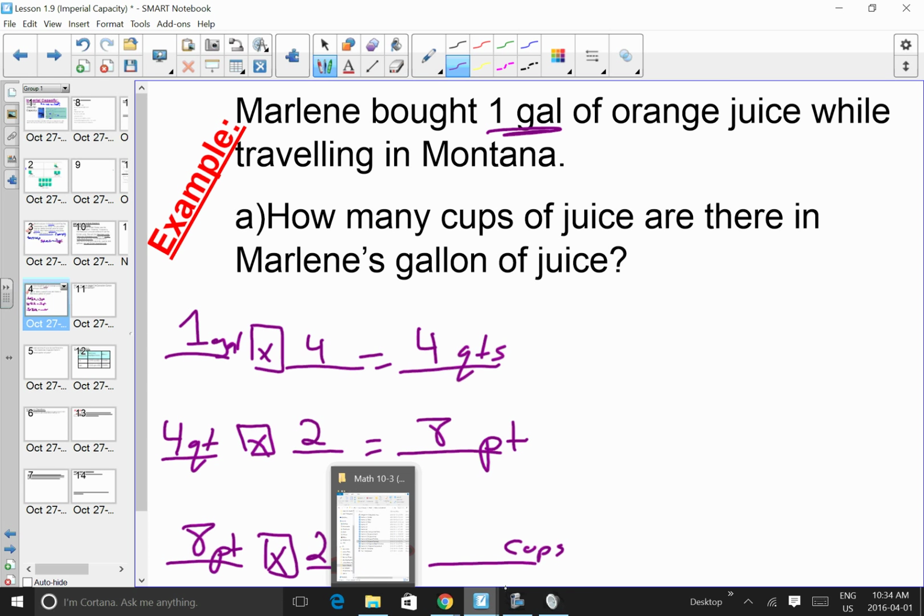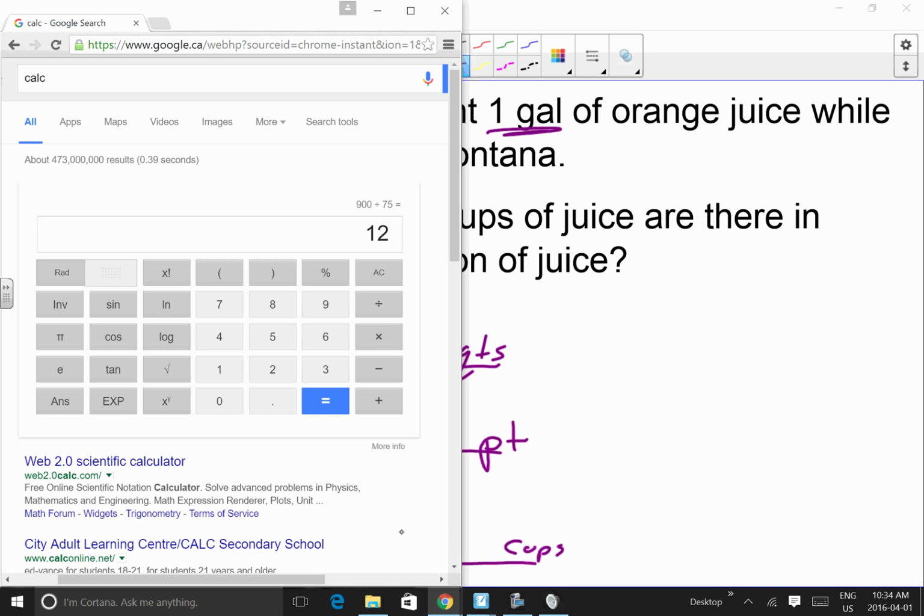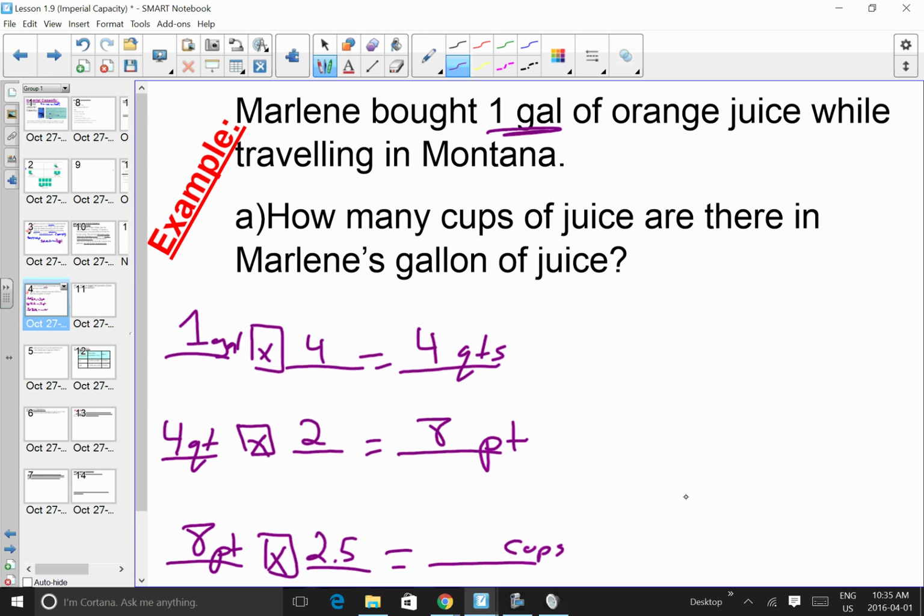So 8 times 2.5. Oh, I'm no good with decimals. If you can do it in your head, great, but I'm not so good. 8 times 2.5, 20. So if this isn't already on your formula sheet, you can add it. You can say, hey, that 1 gallon is the same thing as 20 cups.